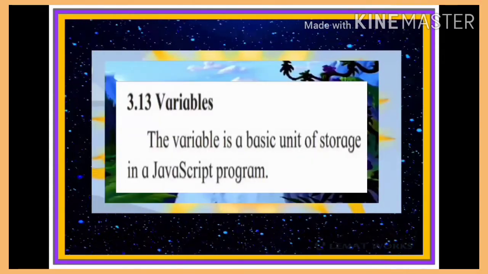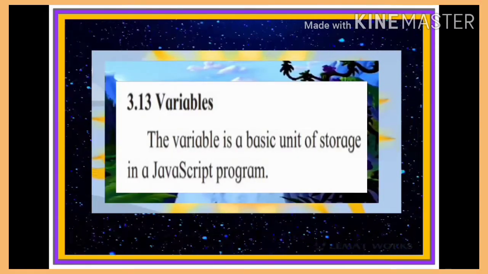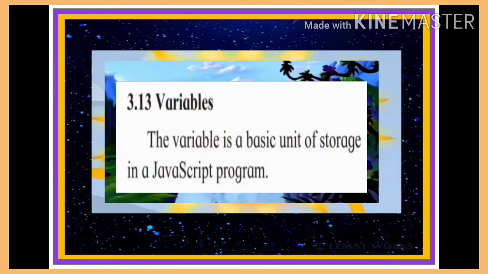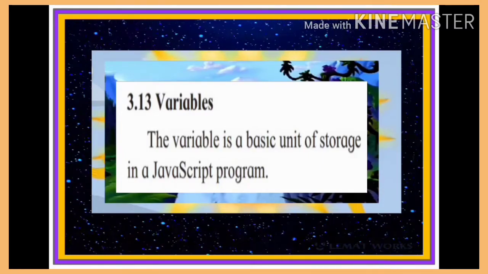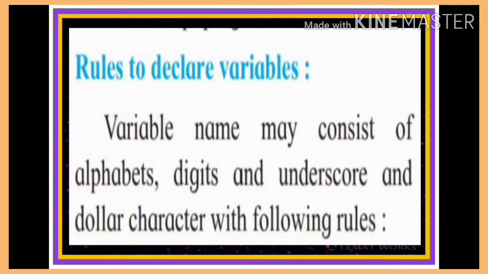Next important topic of any programming language is variables. What is a variable? A variable is a basic unit of storage in a JavaScript program. There are certain rules to declare variables. A variable name may consist of alphabets, digits, underscore and dollar character with the following rules.